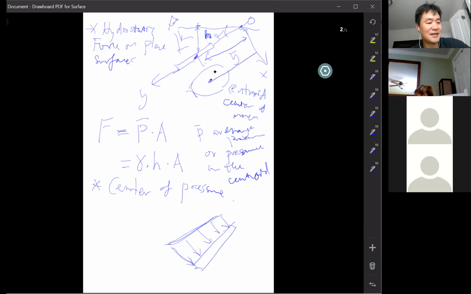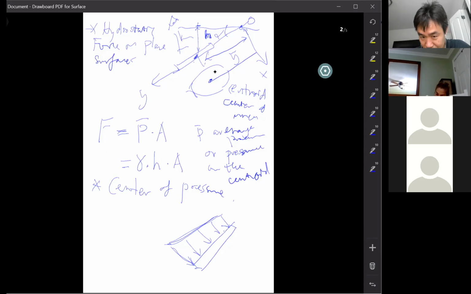Why does the bottom of the plate have a higher pressure? Because there's lower elevation. It's a linear change, because it's gamma H, so it's first order of H. So as H changes, the pressure changes linearly.